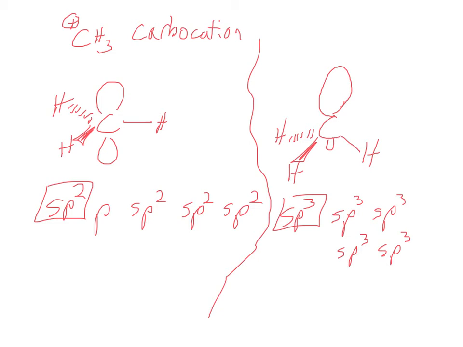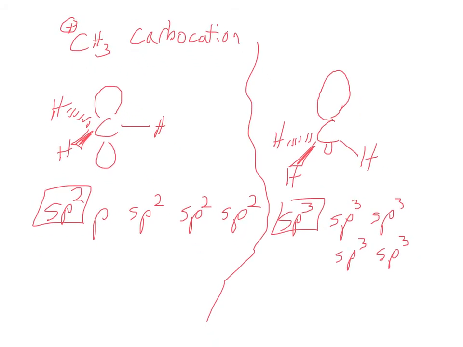In Professor Ross's class, he explained it such that in bonds, what's in a bond? How many? Two. Do those electrons in those bonds want to be close to other bonds? Absolutely not. They want to be as far away from each other as possible.